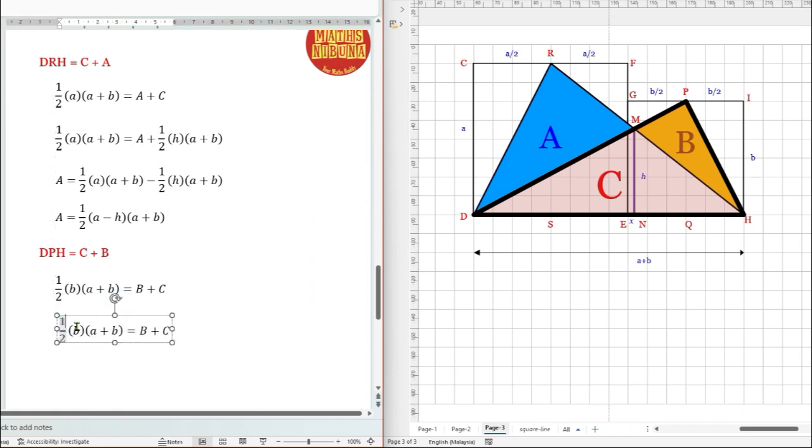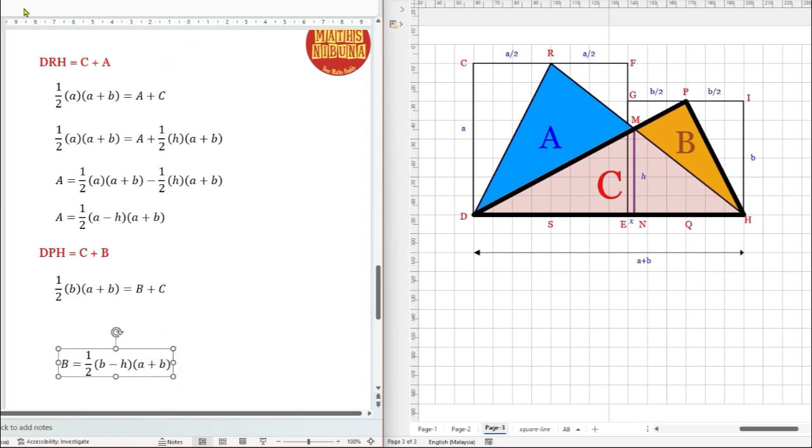equal to, get a value for B equal to 1 over 2, B minus H times V, A plus B. So here to this one the same like what we have done earlier.